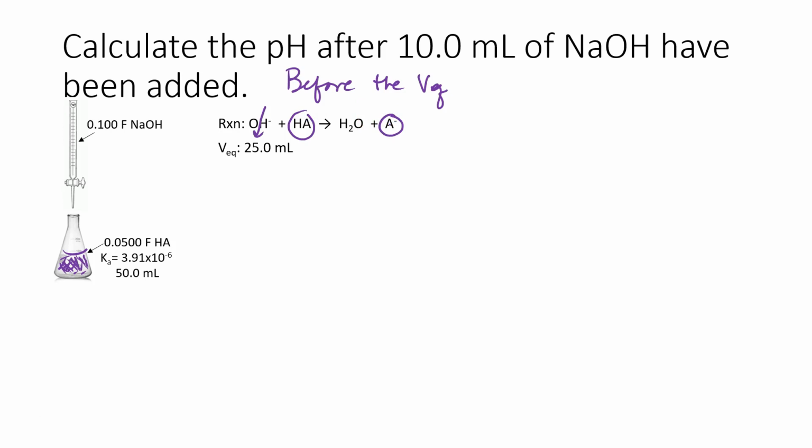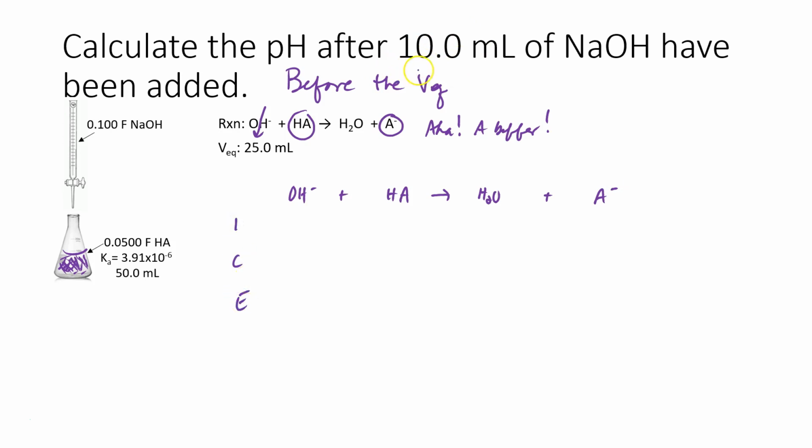That's a buffer, or as Harris says, aha, a buffer. So if we could just figure out how many moles of HA and A- there are, we could use the Henderson-Hasselbalch equation to get the pH.